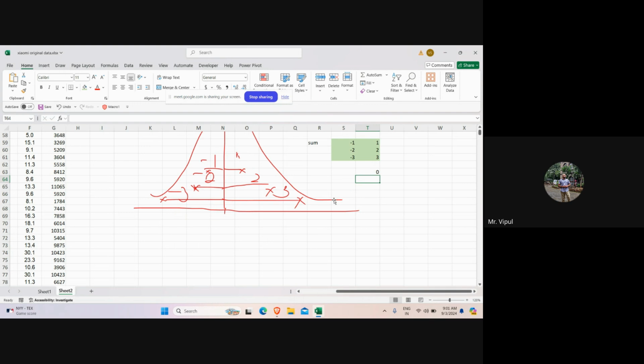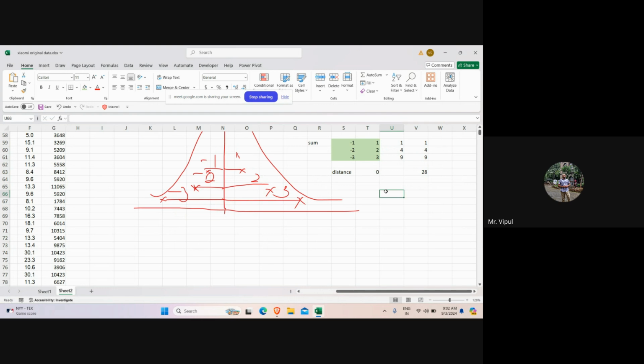If they cancel each other, the distance could come out as 0. So you take the squared distance. Now squares are 1, 4, 9, right? Here also 1, 4, and 9. Now if you take the sum, the total is 28.